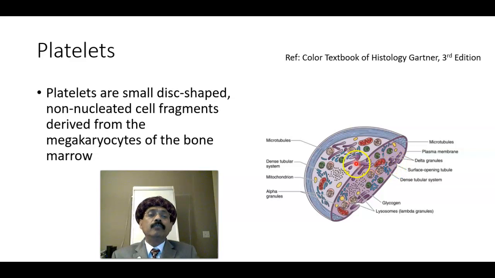When there is any type of blood vessel damage, platelets may go there and seal it. So it is very essential for hemostasis and prevention of hemorrhage. In some diseases the platelet may not function properly, which may lead to hemorrhage or bleeding.